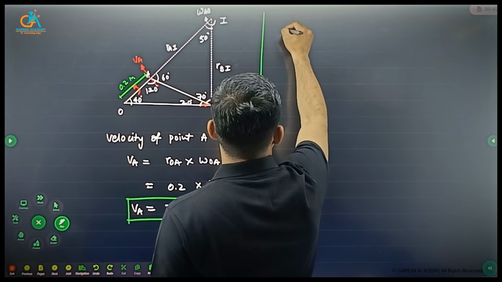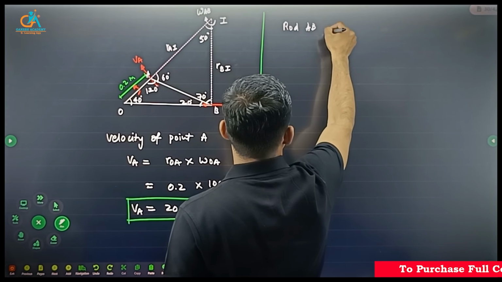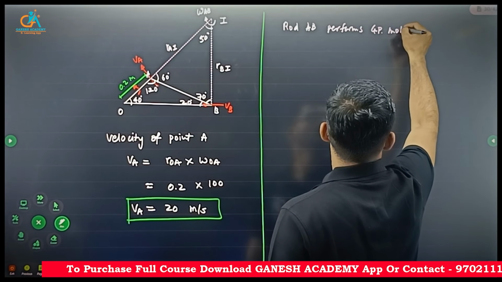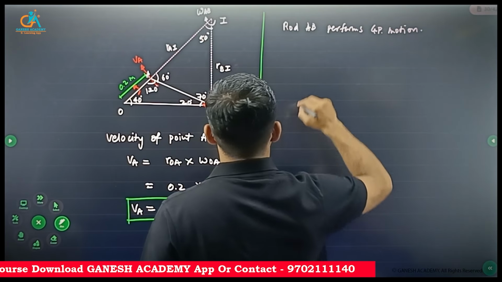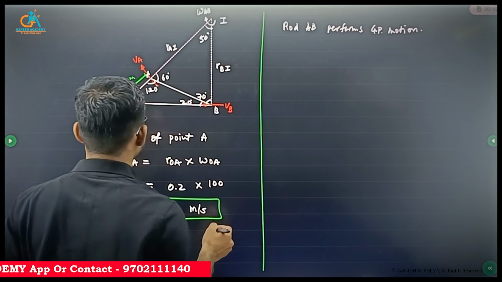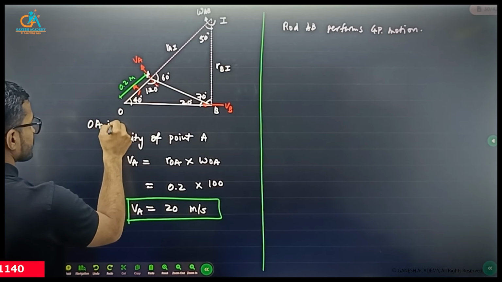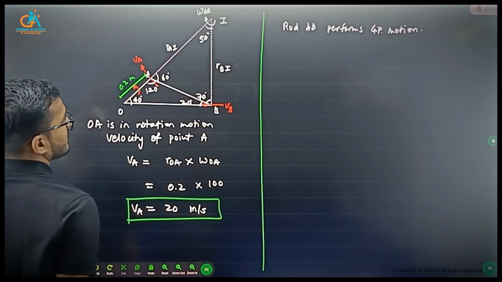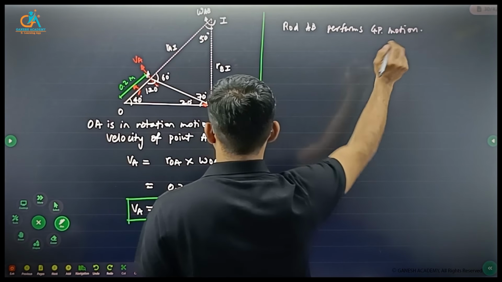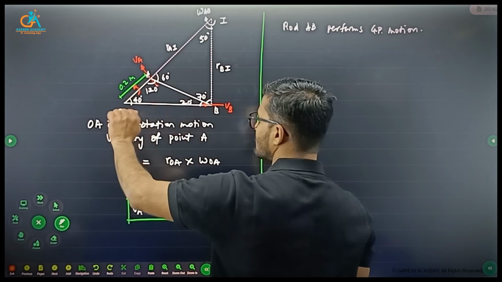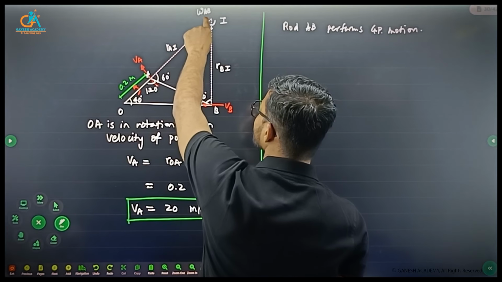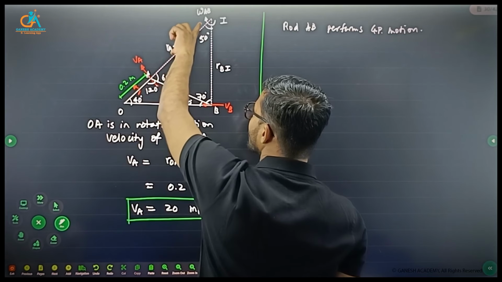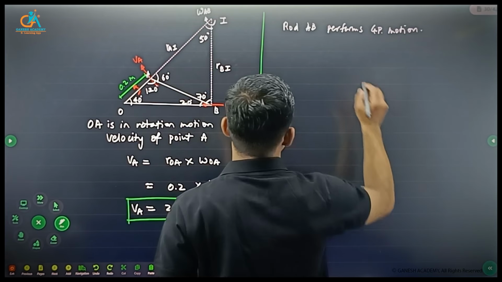Now rod AB performs general plane motion, where OA is in rotation motion, correct, and B is just sliding through horizontal plane. Now in order to calculate the angular velocity of rod AB, we can use the relation that this velocity VB is equal to RAI into angular velocity.